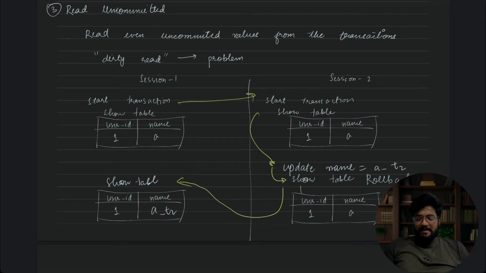Because this reads uncommitted values, there is always a chance of processing done on invalid data.